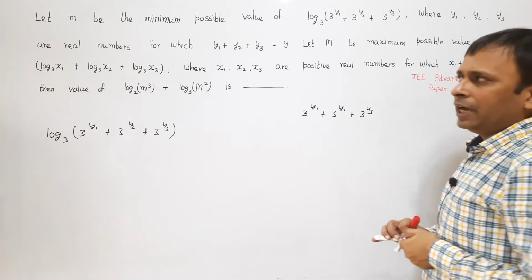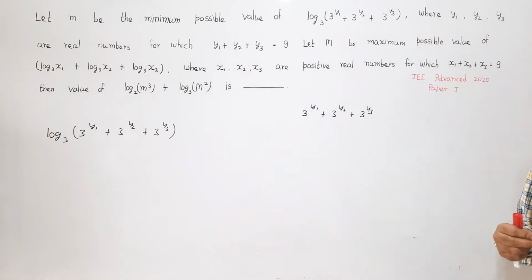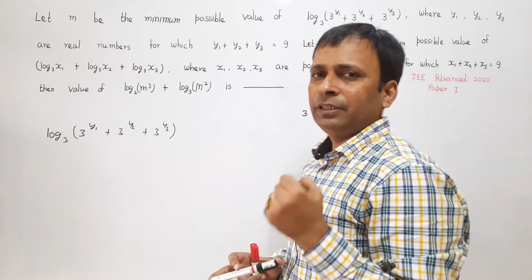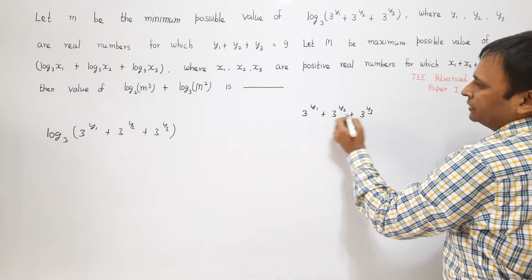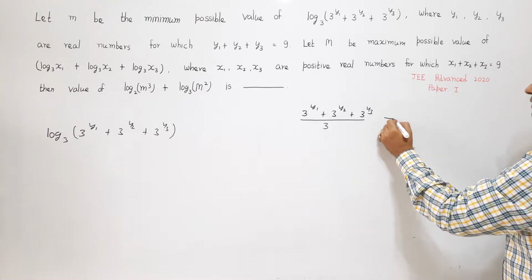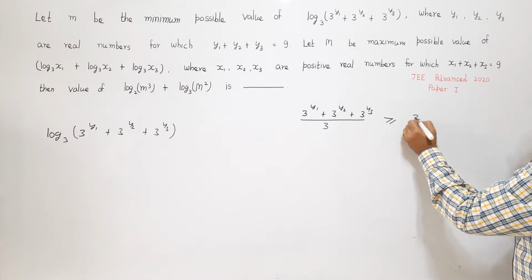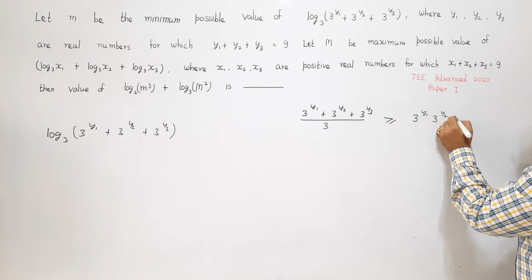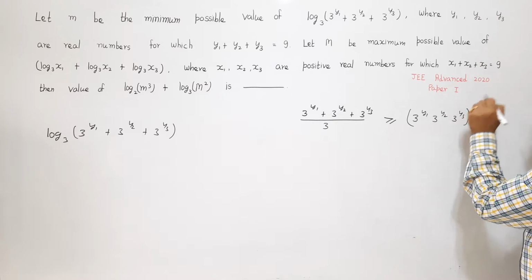What I have been given is y1 plus y2 plus y3 equal to 9, which clearly means that I can make use of the arithmetic mean, geometric mean inequality, which says that the sum of these three values divided by 3 is their arithmetic mean, which is always greater than or equal to their geometric mean, which is 3 to the power y1 into 3 to the power y2 into 3 to the power y3 raised to the power 1 upon 3.